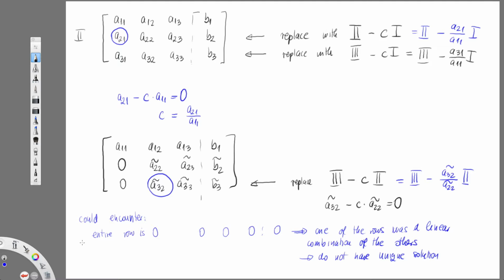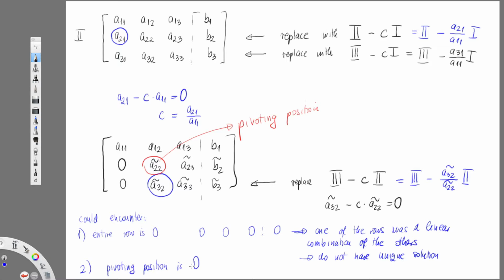Another problem, so this is the first one, the second one is that the pivoting position is 0.